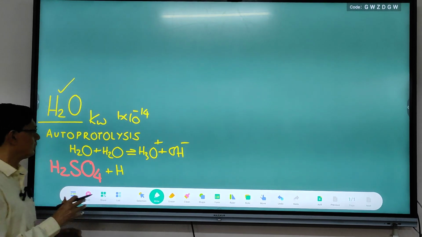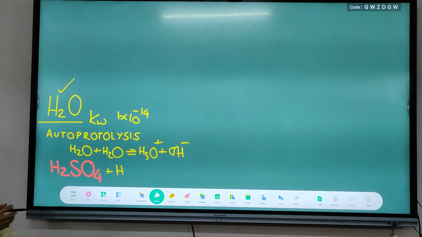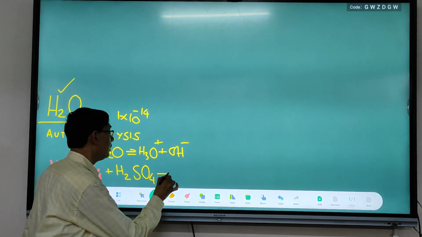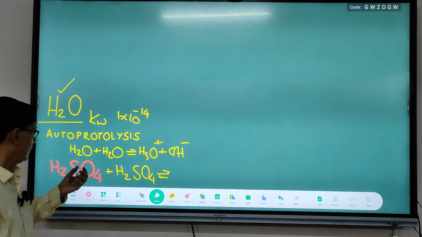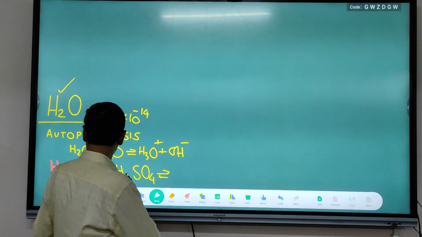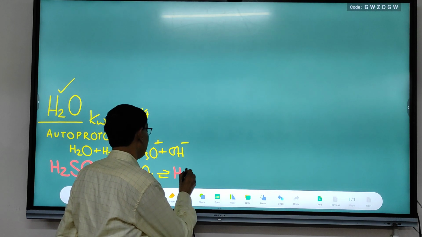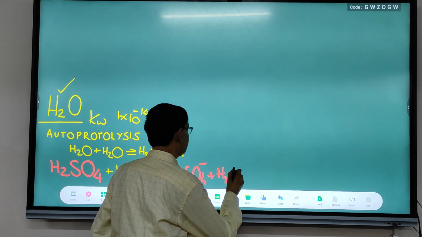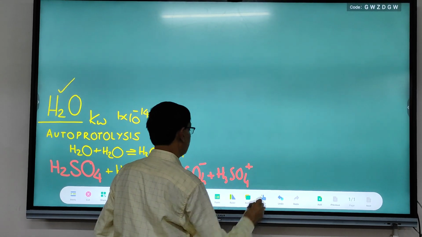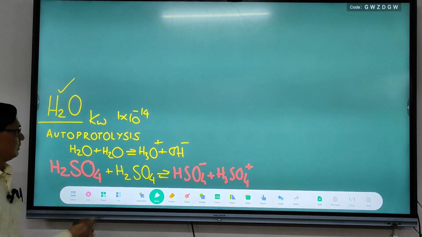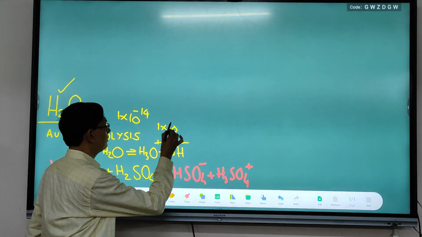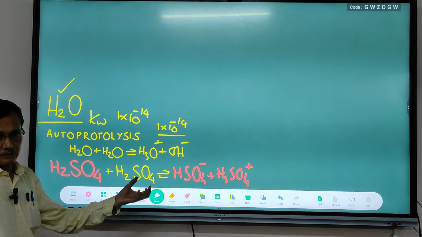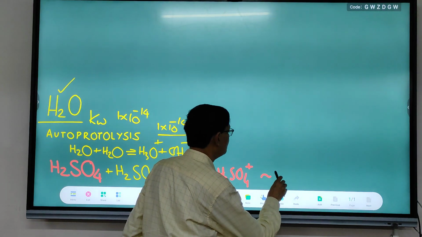So it is sometimes called self ionization. So H2SO4, these are all important concepts. It releases HSO4 negative and H3SO4 positive, and I think its value is 1 into 10 to the power -14, with pK autoprotolysis of 14, but here at 25 degrees it is around 2.9.